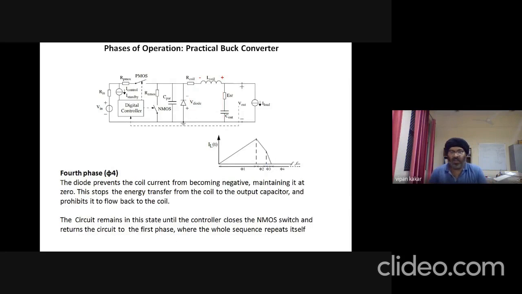And in phase 4, this diode will not allow the current in the inductor to go negative, because it is a unidirectional device, so it will allow the current to flow in only one direction. So as soon as it reaches 0 after phase 3, the flow of energy from this inductor stops.